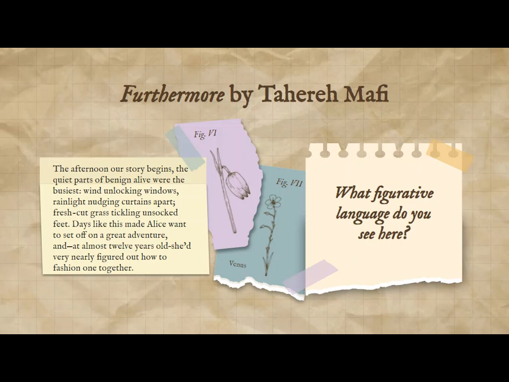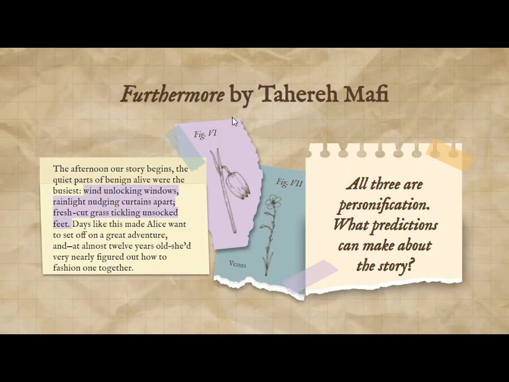So first I want you to think about what types of figurative language we see in this short passage. We have examples of personification, and all three are examples of something not human having human characteristics. So wind unlocking windows, rainlight nudging curtains apart, and then grass tickling unsocked feet.